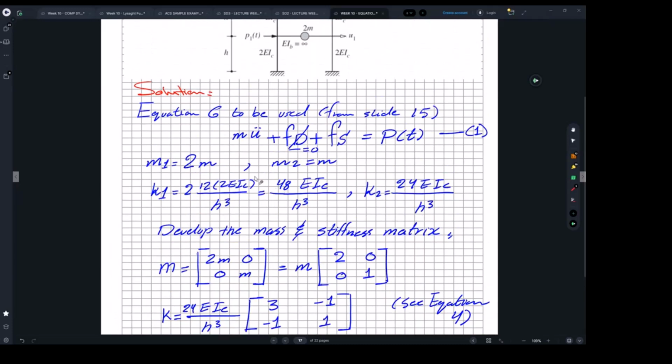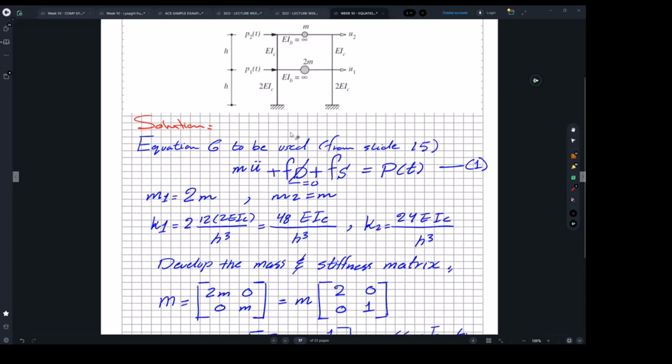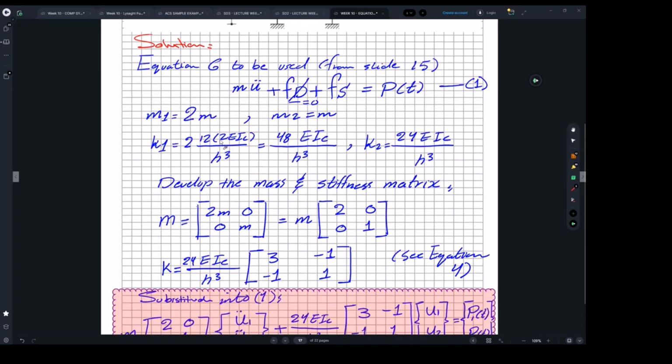Now the stiffness component within the equation. We know level 1 is 2 times stiffer, and given that the floor has infinite stiffness, the column stiffness is calculated by this formula.